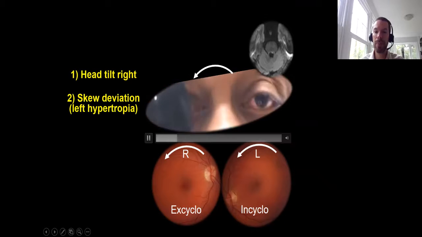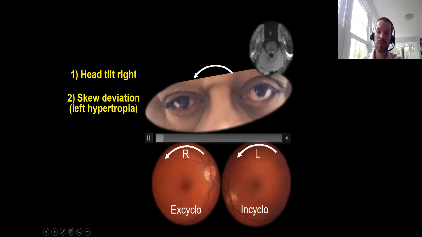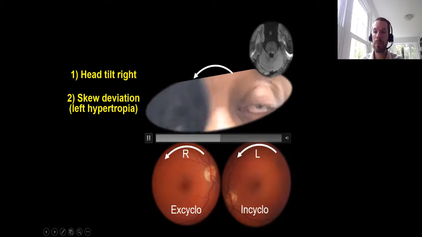Two things are happening. One is that the eye's coming down, but the eyes are also coming way in. See, that comes up and in, up and in, up and in, up and in, up and in.